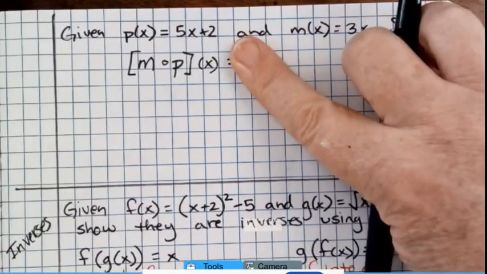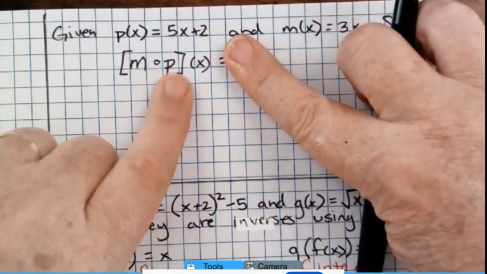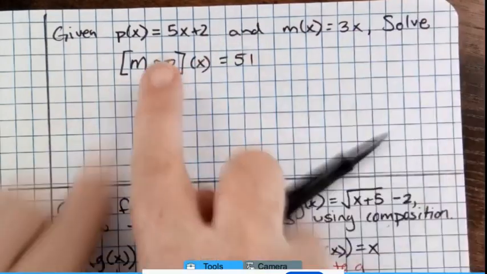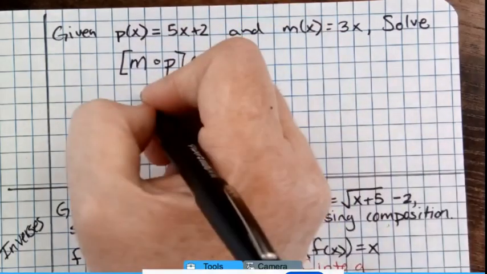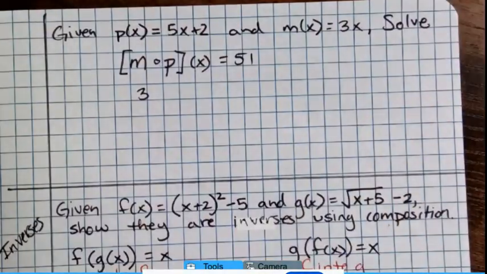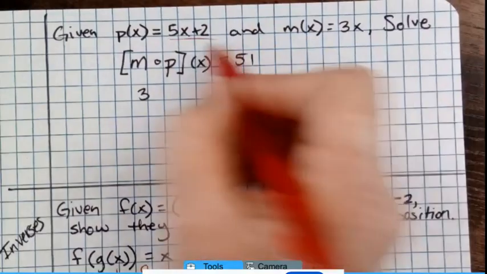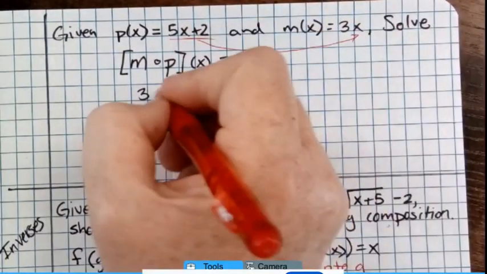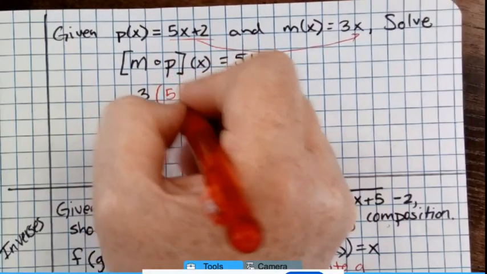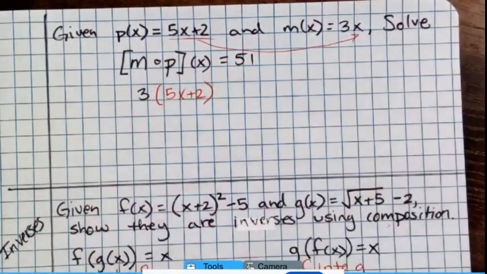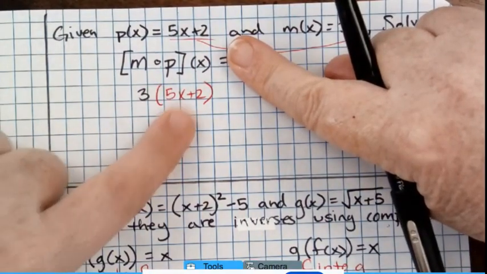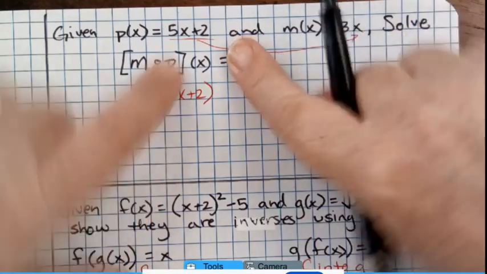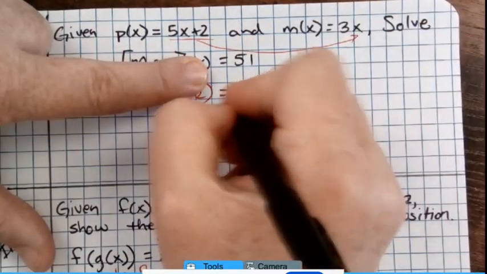So in this case, we're going to take p and plug it into m. So that's going to be 3 times 5x plus 2. So that is m of p of x. And now it's equal to 51.